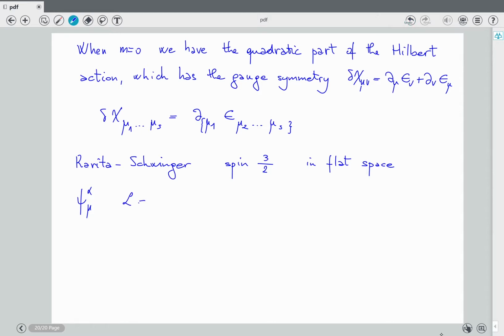Let's write the Lagrangian. The Lagrangian is equal to minus psi bar mu epsilon mu nu rho lambda gamma 5 gamma nu del rho plus m sigma mu lambda psi lambda.